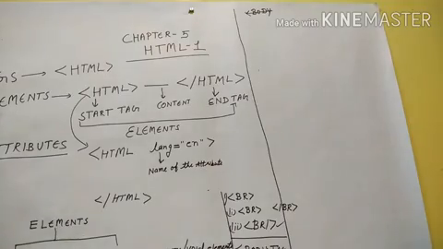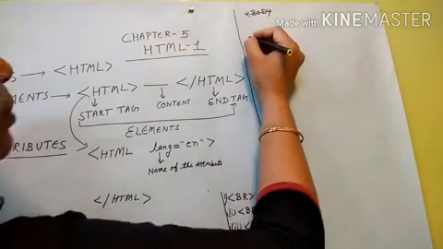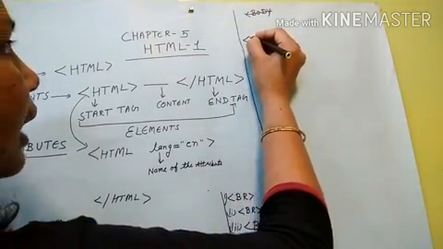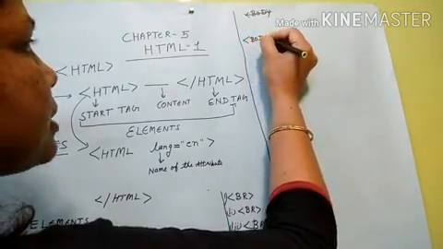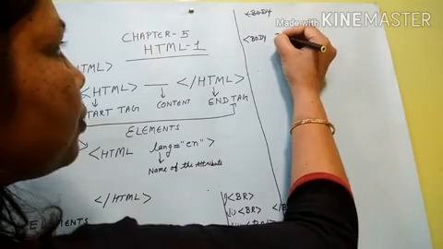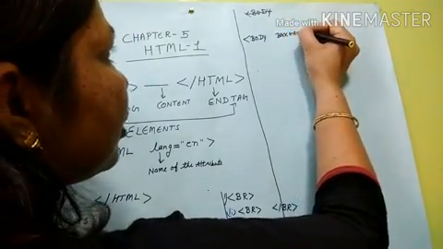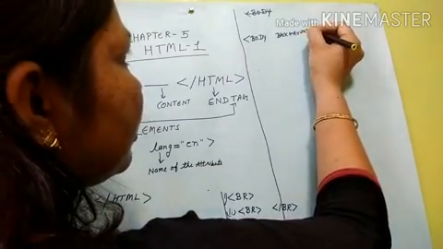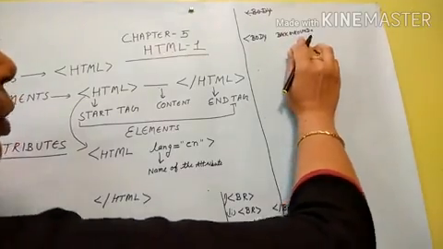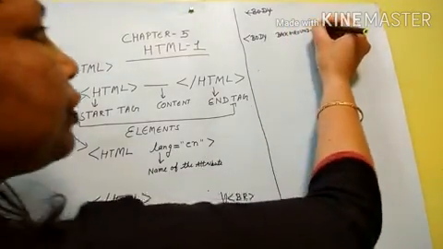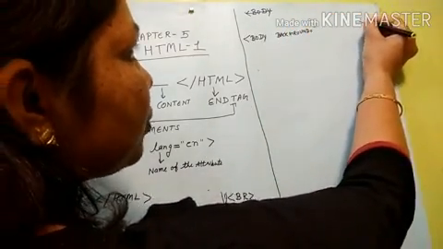Okay. So for writing that, I'm starting with the body start tag. Here, I'll give a space and I'll use the attribute background. Background, this is the name of the attribute. After this, you will give the value within double quotes and then you can close it.